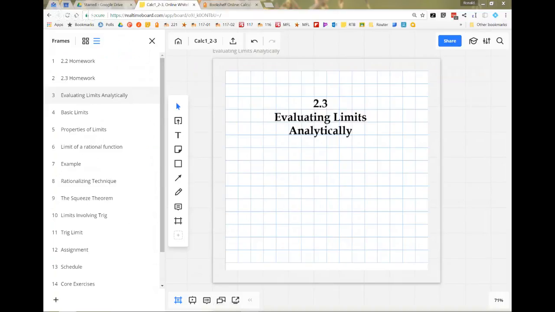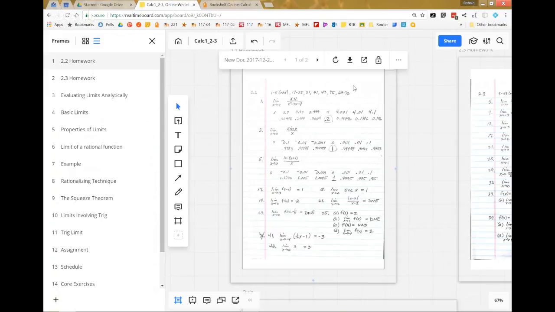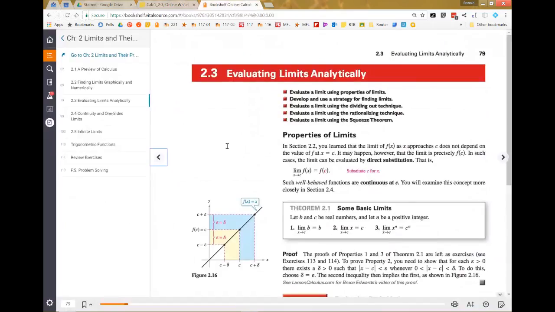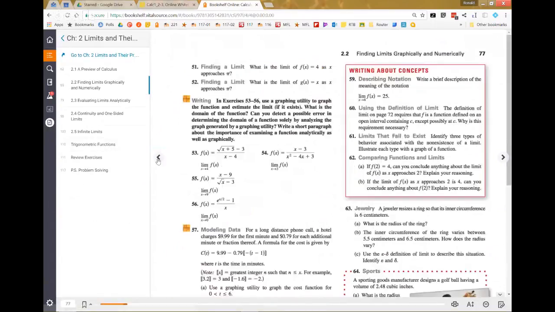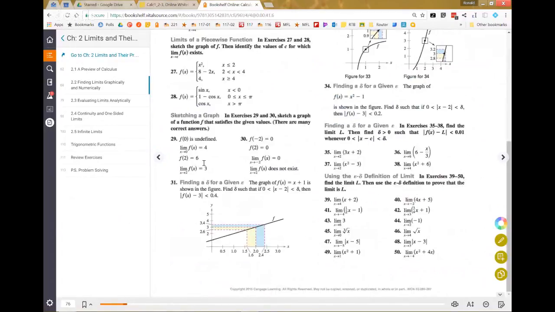Number 31. All right. Let's take a look here. Oh, I don't think you had 31, did you? I've got that crossed out. Why did I cross that out? Let's take a look at the book here. Okay, number 31. Oh, yeah.